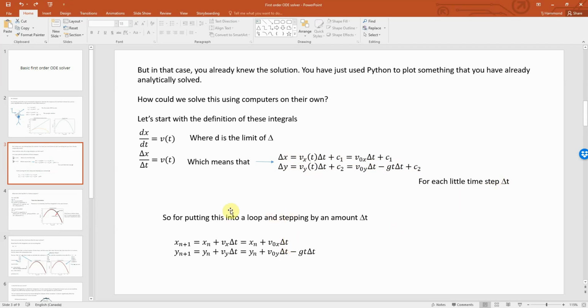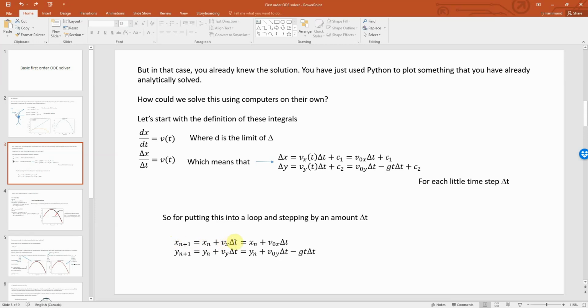So what we have to do then is put this into a little loop. Our x of n plus 1, which is the x position of the next time step, will be the x position of our current time step plus the velocity at this time step times this delta t.